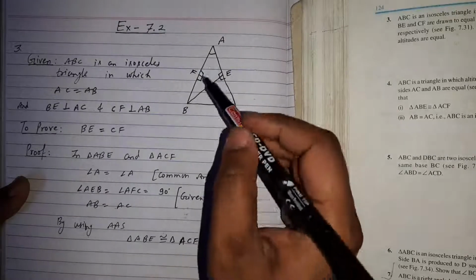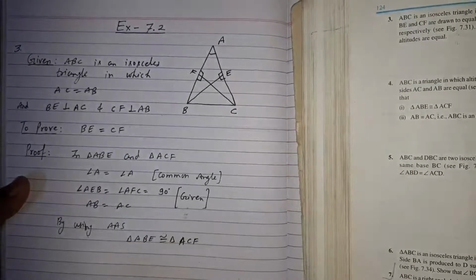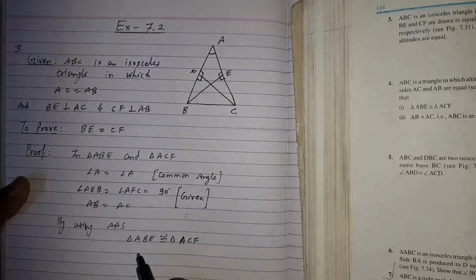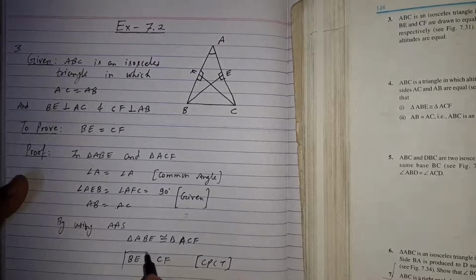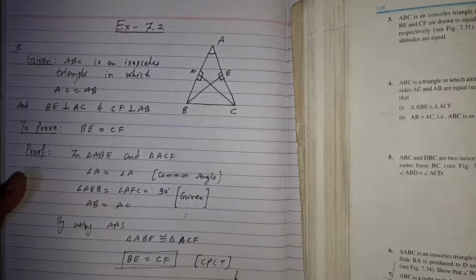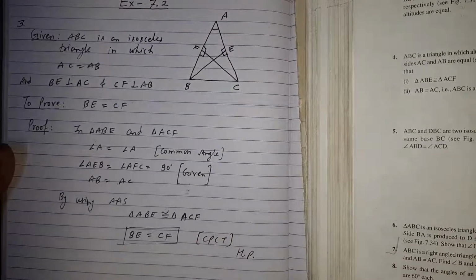Now by using CPCT we can write BE is equal to CF. Corresponding parts of congruent triangles. So hence proved. I think this is clear.